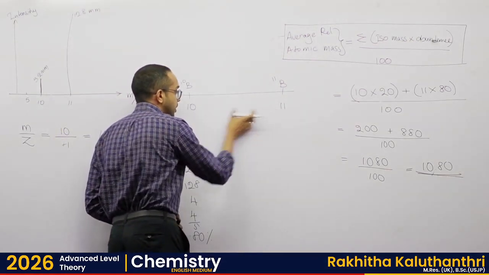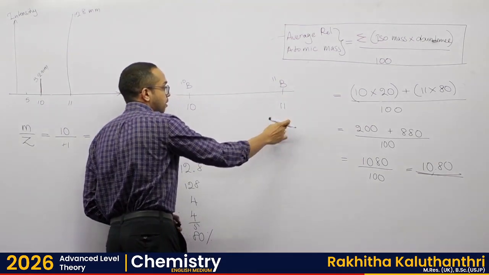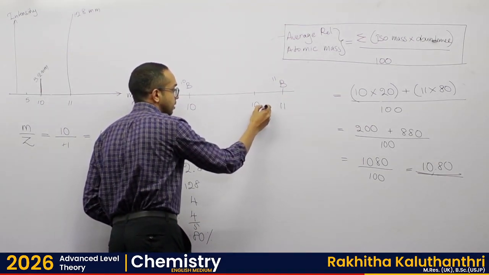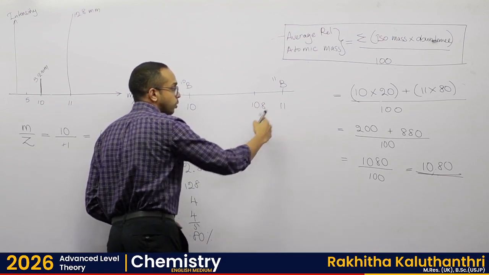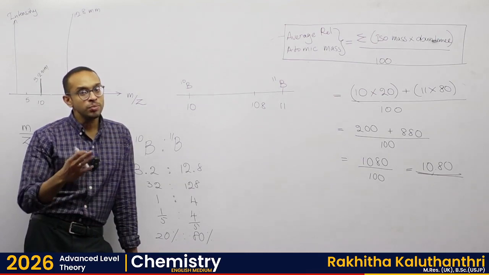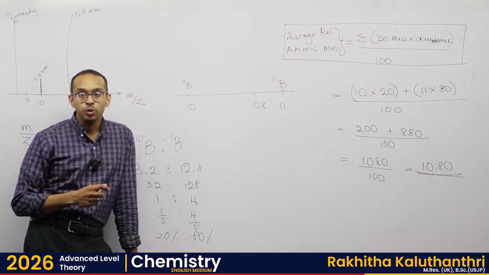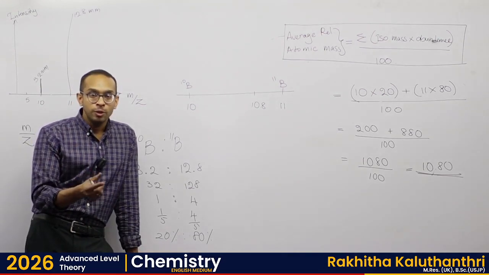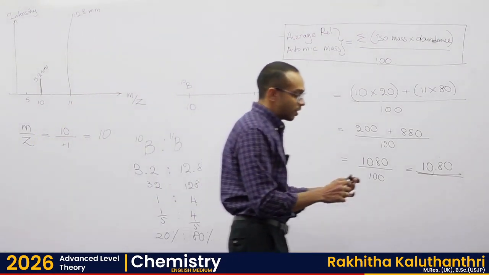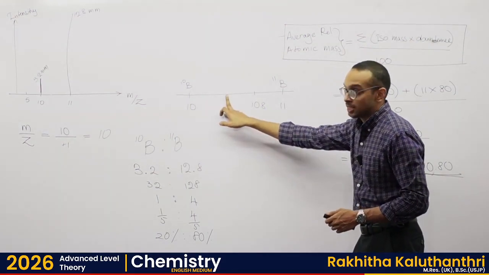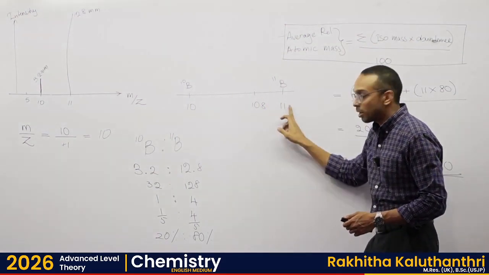Now, the average relative atomic mass, we found out it to be 10.8. That is awfully close to 11. Right? Shouldn't it be close to 11? It should, right? Because 11 was the most abundant one. So, since 11 is the most abundant one, it pulls the relative average atomic mass closer to 11.